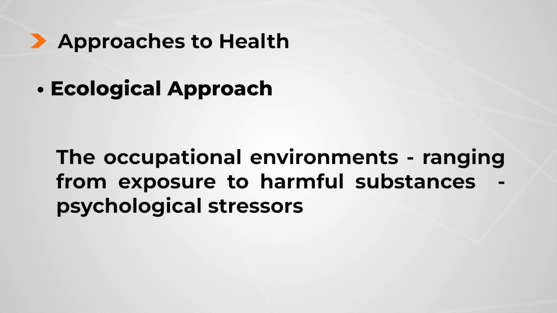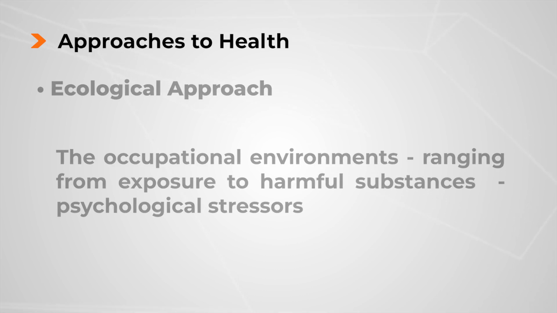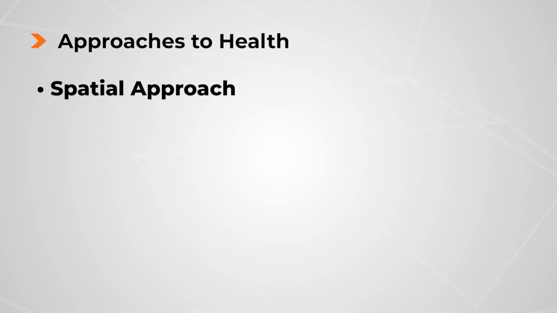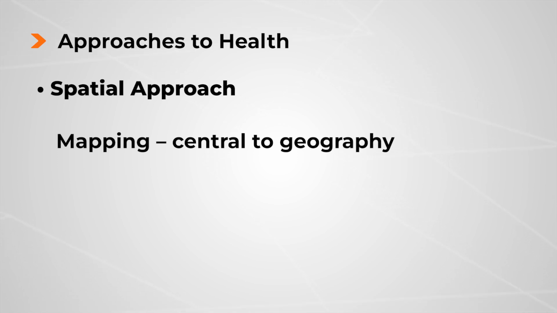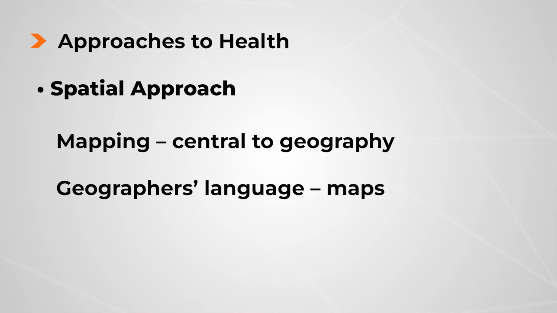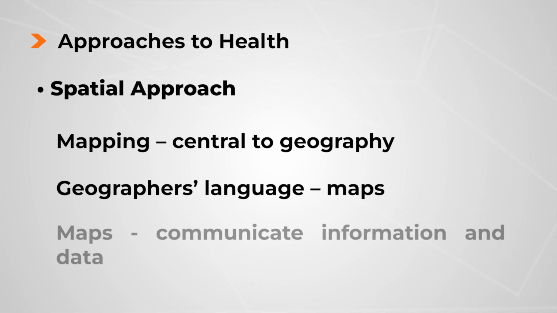Finally, the third and a very important approach to health and well-being is the spatial approach. Mapping is the cornerstone of geography, and a map analysis brings uniquely geographic perspectives. It is the language that geographers speak. Just like any other language, maps communicate, tell stories, and convey information and data.